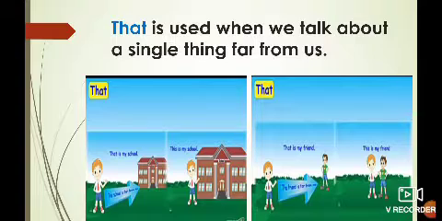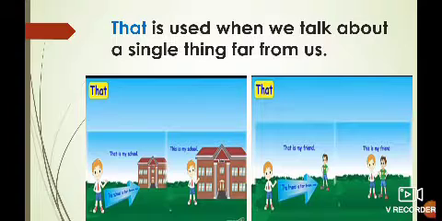See the first picture. That is my school. Now see children, the boy is standing at one place and he is showing his school which is far from him. So he is saying that is my school.